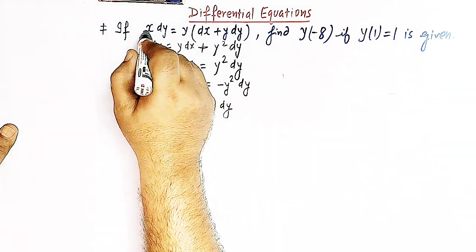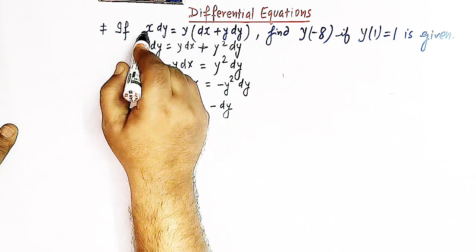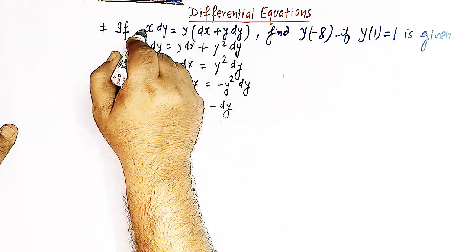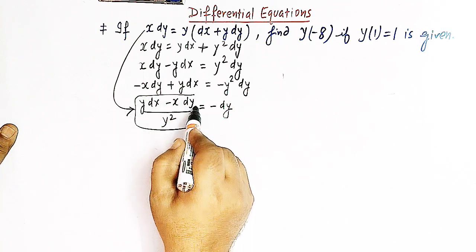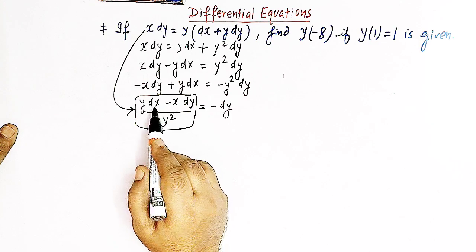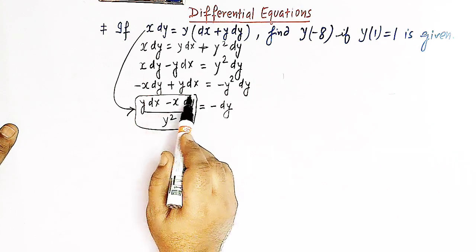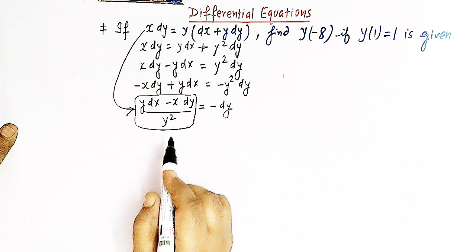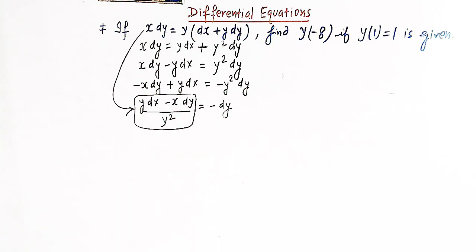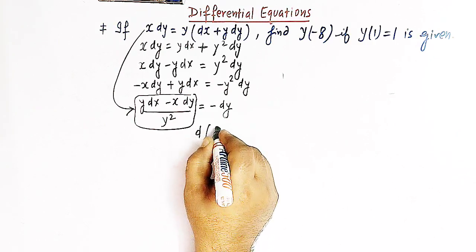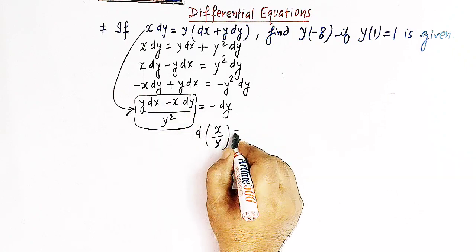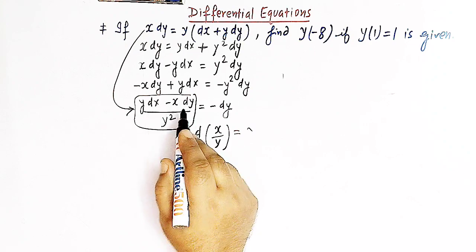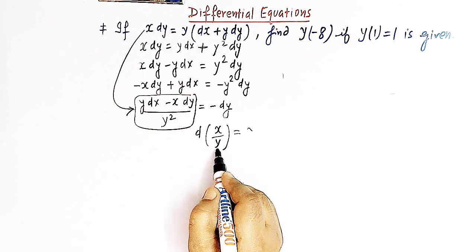So what we have done here, we have arranged this differential equation like this, right? And here this is an important term, right? If we closely observe this term, then we can easily see that this entire term is the derivative of x over y.